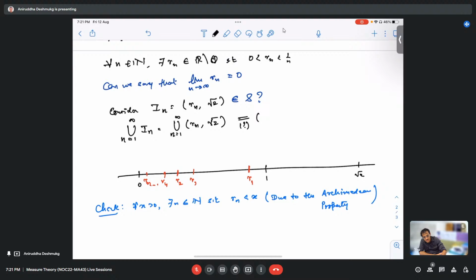So this is 0 comma root 2, right? And why is this so? Because negative numbers cannot be there, as no negative number is inside any of these intervals. Numbers bigger than root 2 cannot be there because again they are not in any of these intervals. And due to this claim that I have made, every positive number between 0 and root 2 is inside at least one of these intervals. So this is exactly equal to 0 root 2.